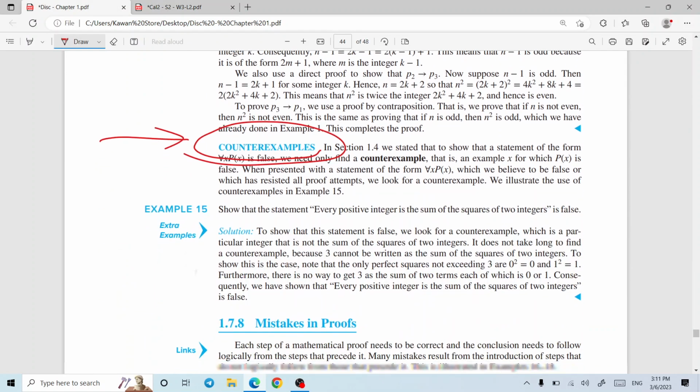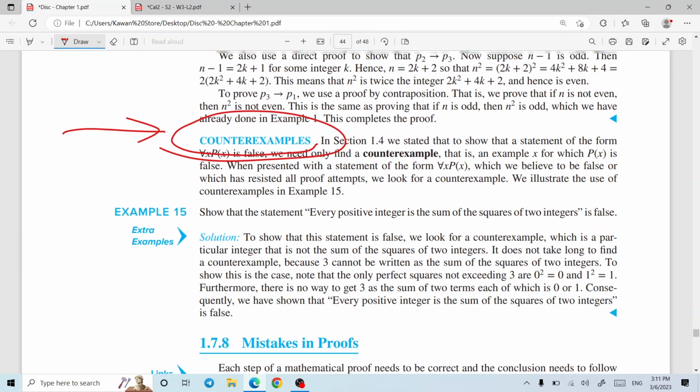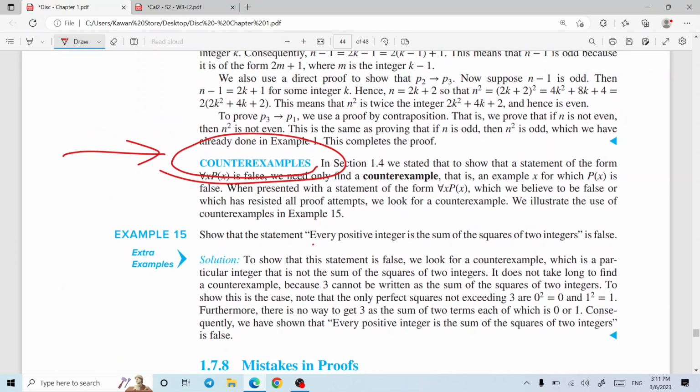Look at here, to understand. Every positive integer, listen, this is not true. Maybe it's false or it's not a theorem. He says what? Every positive integer is the sum of the squares of two integers. Is it false or true? He says false. Give me the counter example.